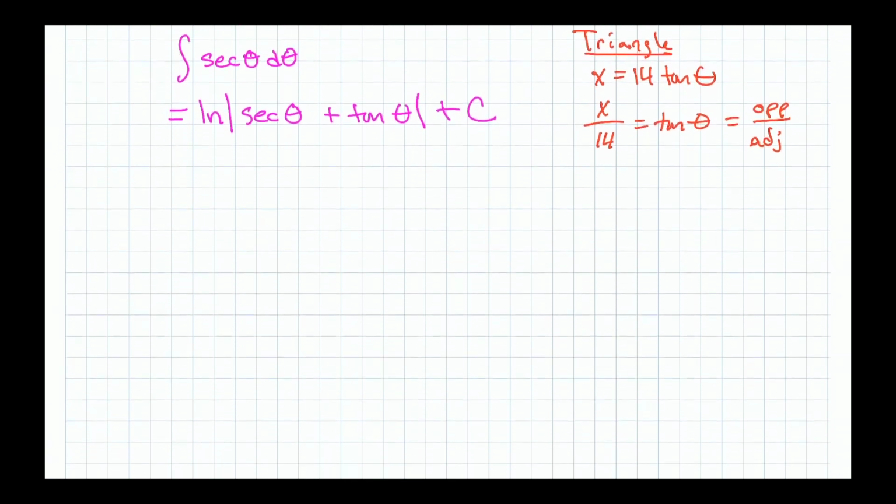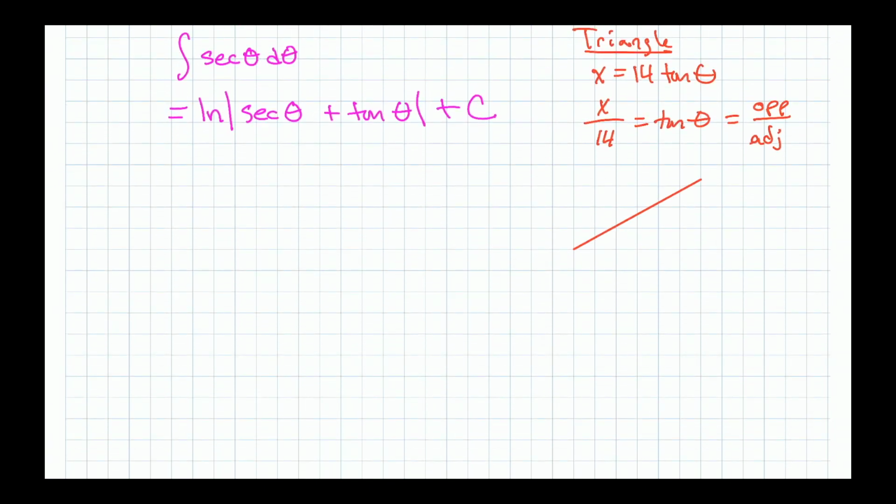Okay, so you draw your little triangle, whatever size triangle you like. Then we've got opposite side is x. Adjacent side is 14. You have to calculate the third side.